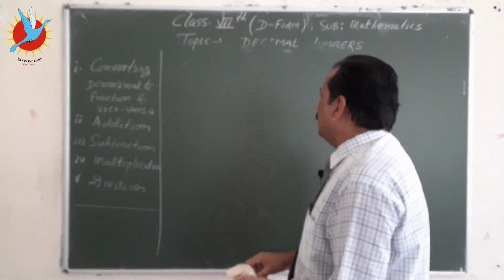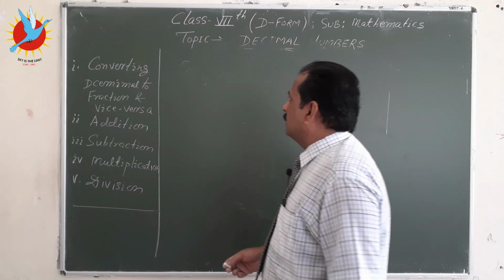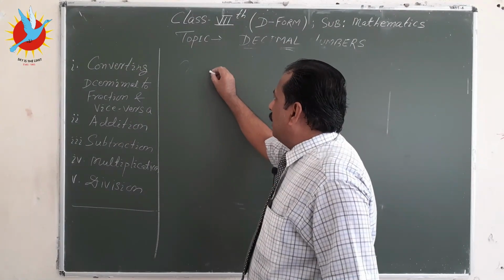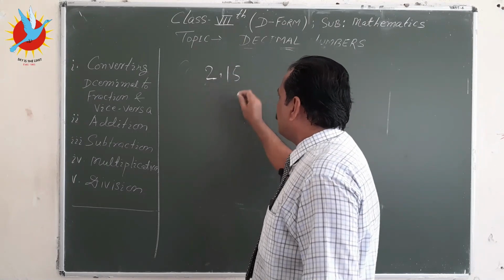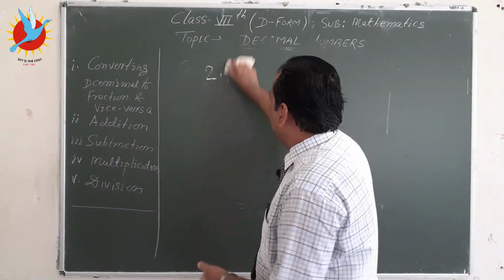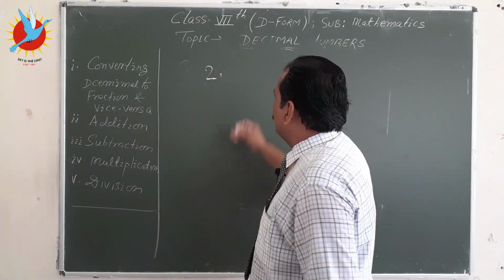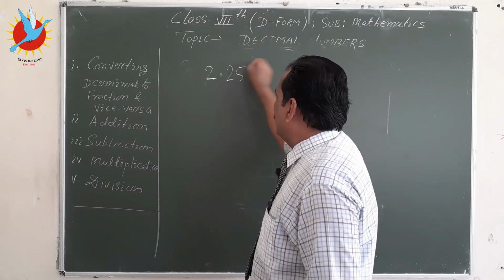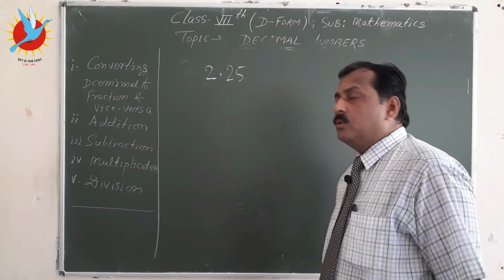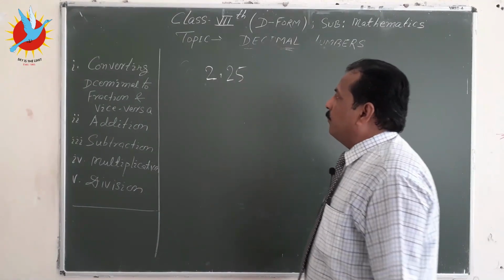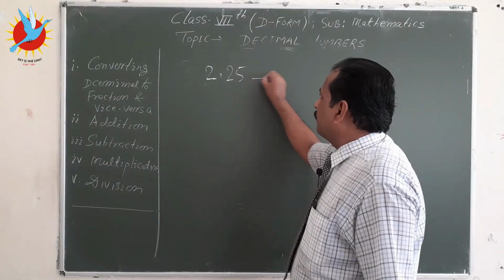Let us take another example, and let us say this is 2.25. This is a decimal number. We want to convert it into a fractional number. So what is the rule?